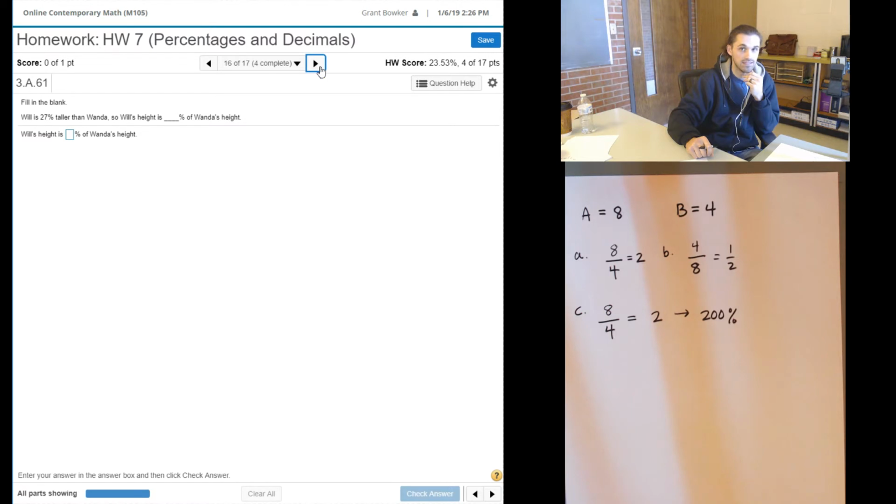So that would say he's 100% of her height, right? So if you're 27% taller than Wanda, that would mean you're 127% of Wanda's height.